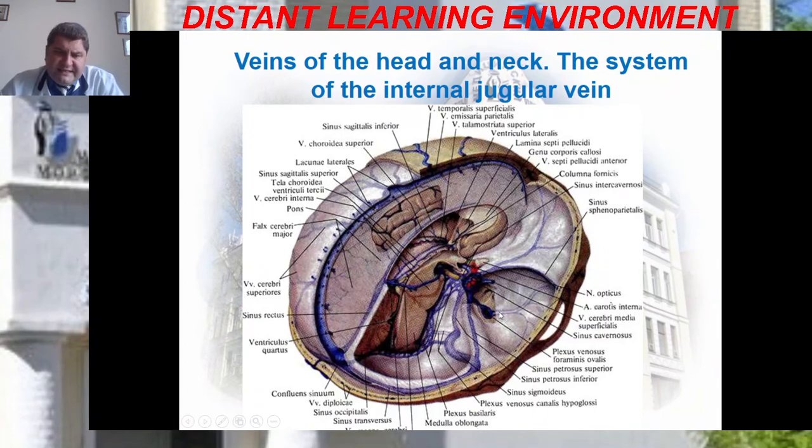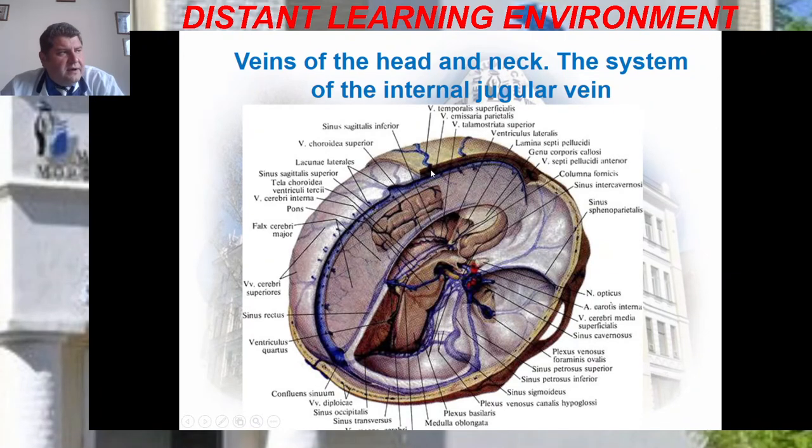So what we can see in this picture are the superficial veins. Also we can see the veins inside the bony tissue, the diploic veins, and also the inconstant veins between superficial and deep veins.